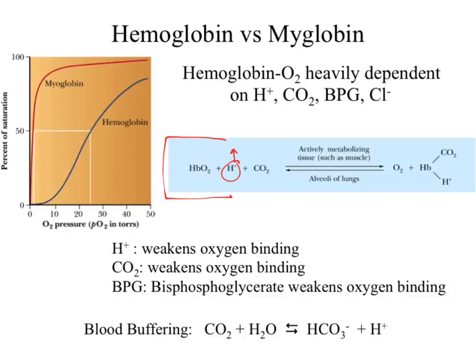Okay, we shift to the right, and we release oxygen. So where might we expect to see a high concentration of H+? In the cells, okay, in our muscles, away from the lungs. Okay, and that's kind of what that equation is giving to us.